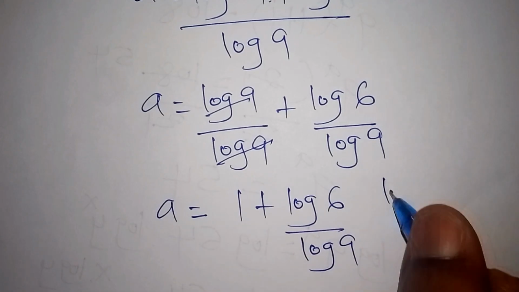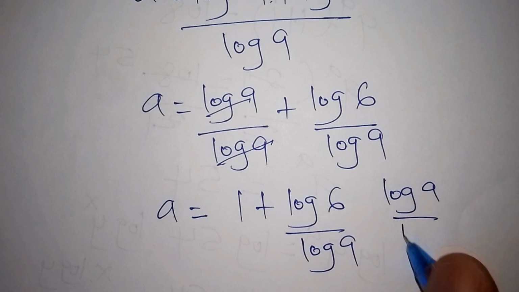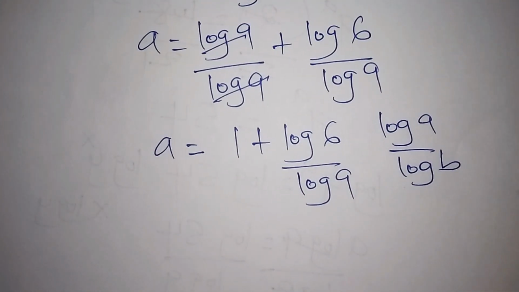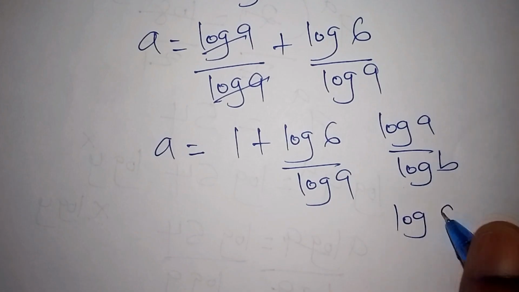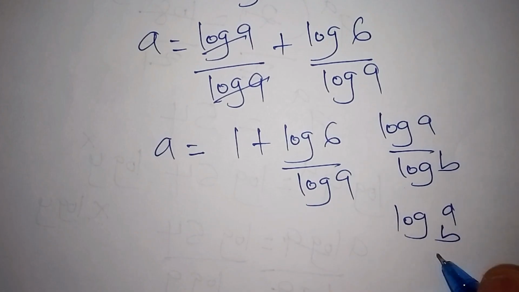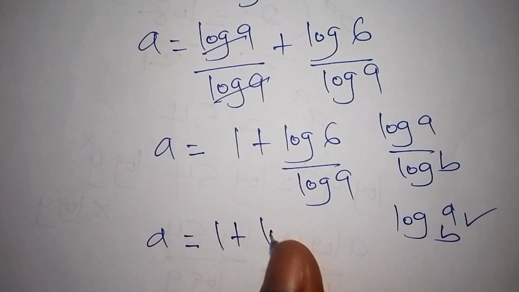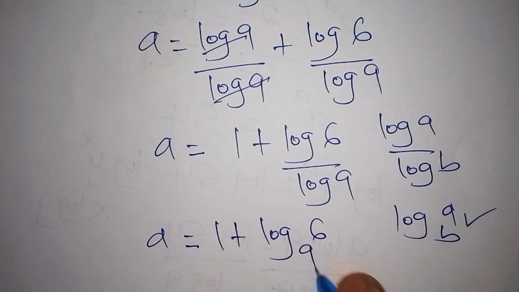Remember that the log of a all over the log of b can also be written as the log of a to the base of b. So our value for a is equal to 1 plus the log of 6 to the base of 9.